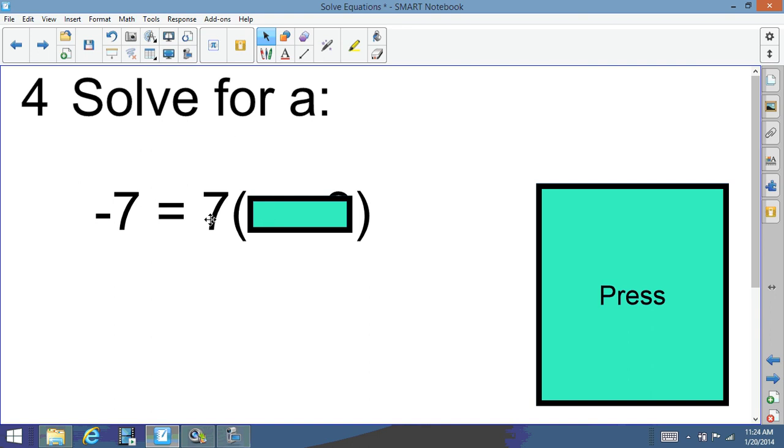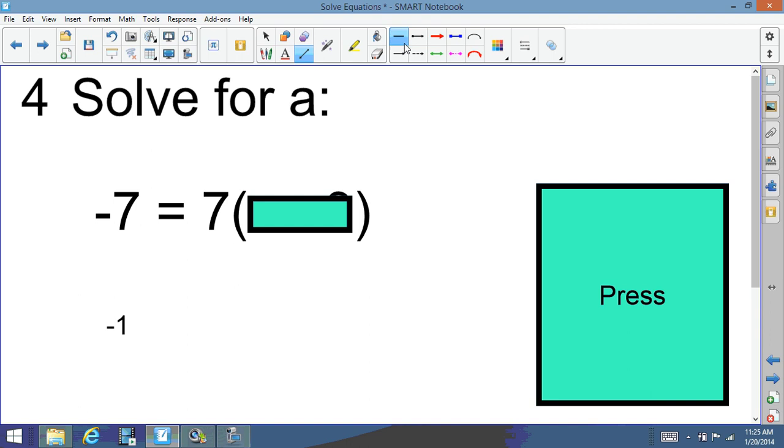What number times 7 equals negative 7? Well, we know this has got to be equal to negative 1. So negative 1 times 7 has got to be that. And the question is, how did you get that negative 1, Dr. Robinson? Well, easy. I could divide both sides by 7.